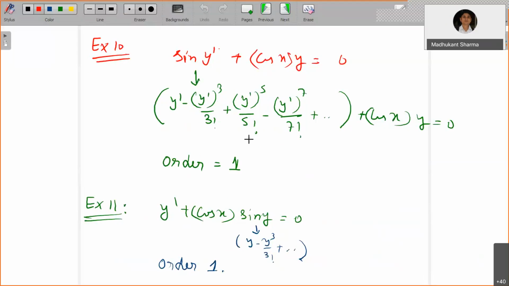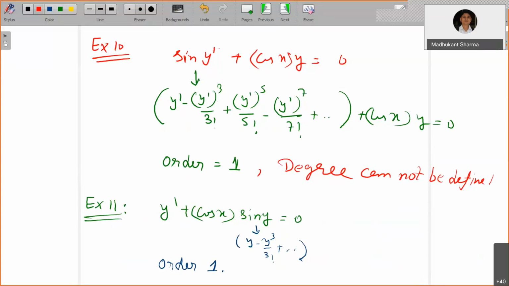So you cannot decide the degree here, because the highest order derivative is y dash in this equation, and its highest index cannot be found out. So we cannot decide the highest index; it means infinity, a very large, huge number. So degree cannot be defined for this.